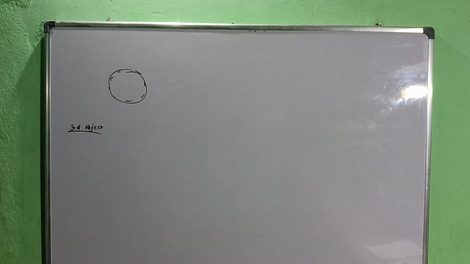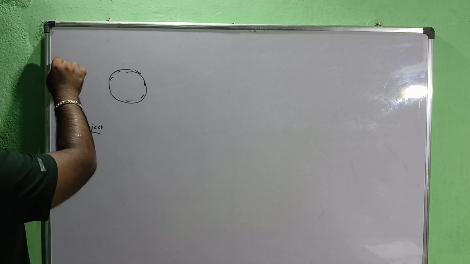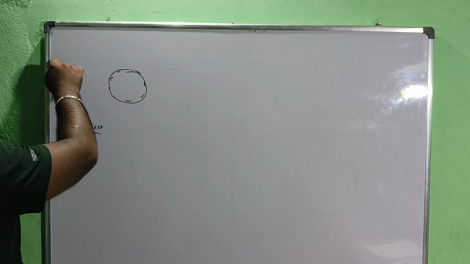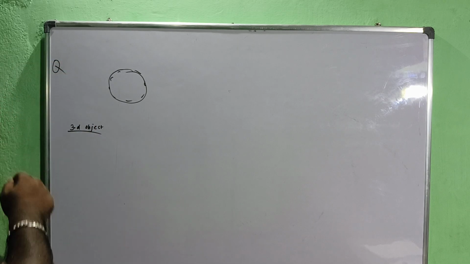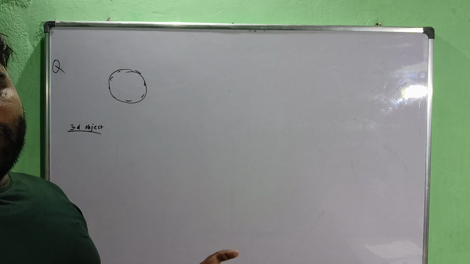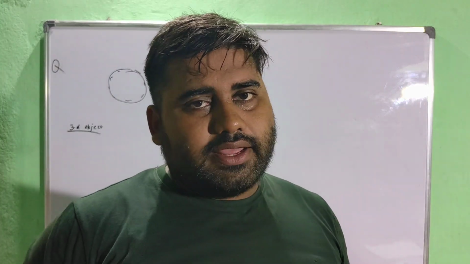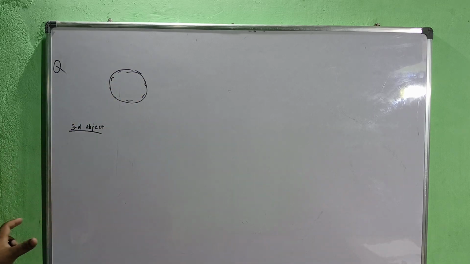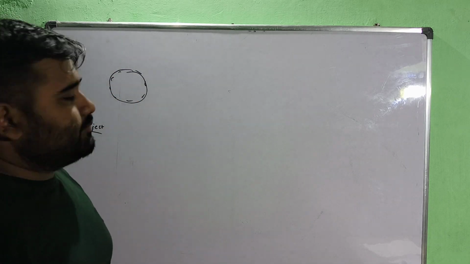A given charge is given on it. It is a large charge, so let it be Q. Q amount of charge is distributed uniformly on it.